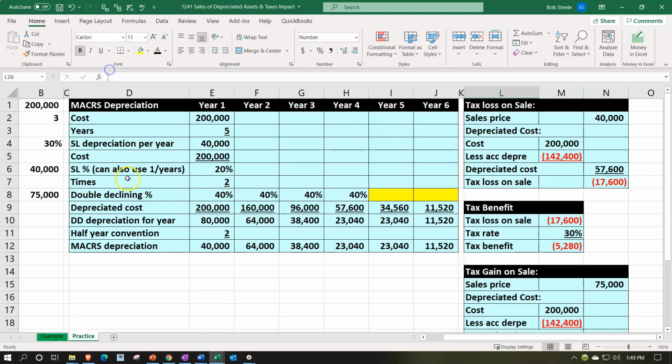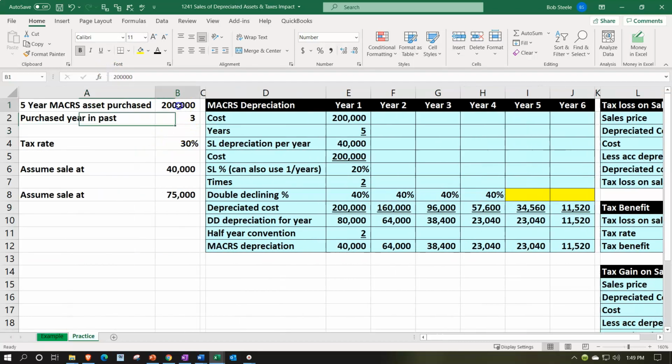So when we're thinking about our long-term projects and we say, okay, we're going to buy this 5-year piece of equipment, we're going to depreciate it, especially if we're buying it because the tax code is trying to stimulate the economy by allowing us to depreciate it all up front, then we're going to have a huge benefit to take the depreciation possibly up front.